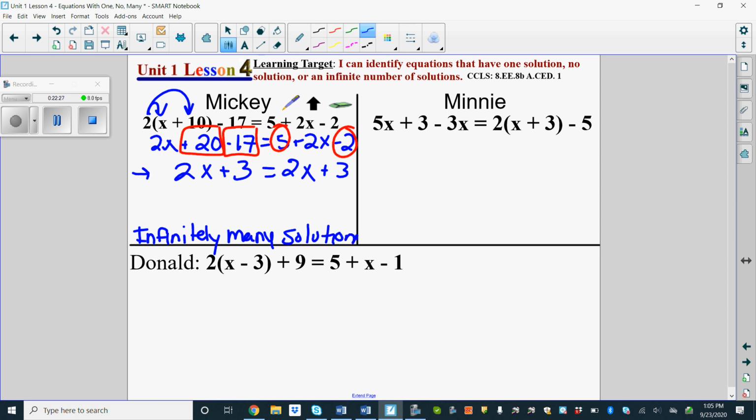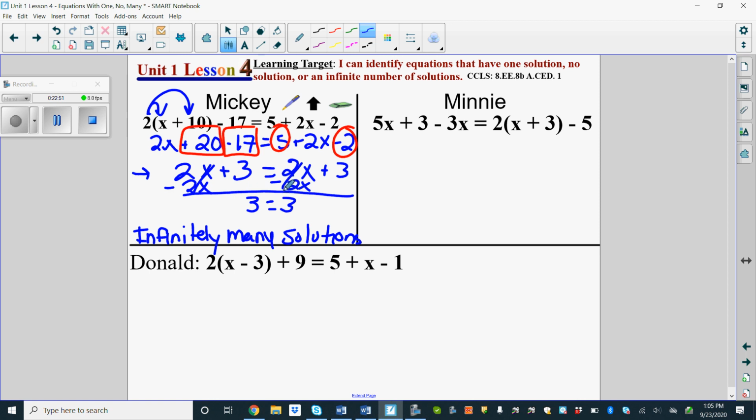I would even do it myself. Take it one step further. Let's say, okay, I'm going to combine the x's because I can't see the answer. So subtract 2x on both sides, and I'm left with 3 equals 3. And right here, I know when I just solved and the x's disappeared, and I still have the same number on both sides, that means it's infinitely many solutions.